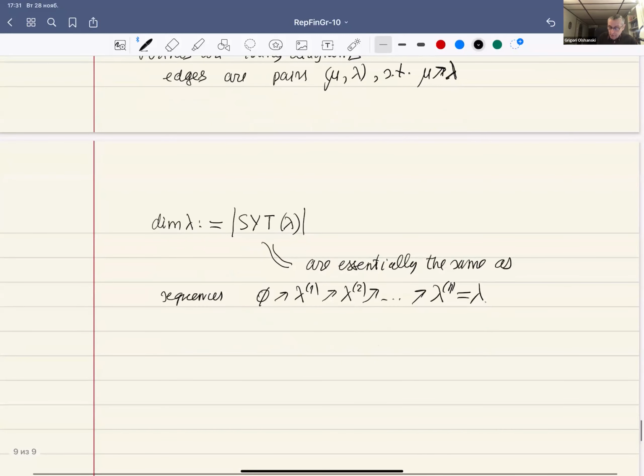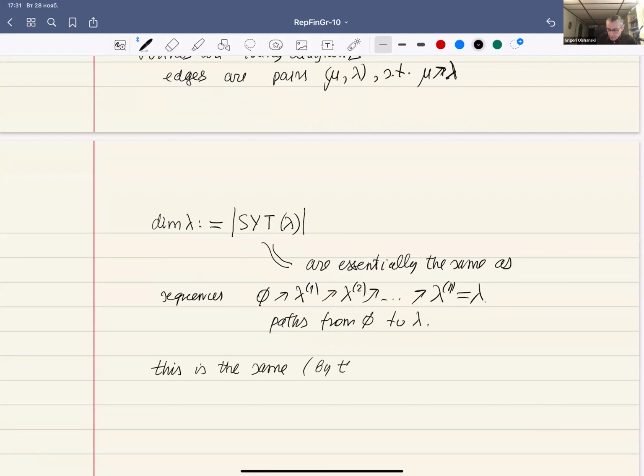But these are paths from the empty diagram to lambda, and this is the same, by Pieri's rule, as the coefficient in the expansion of this function.